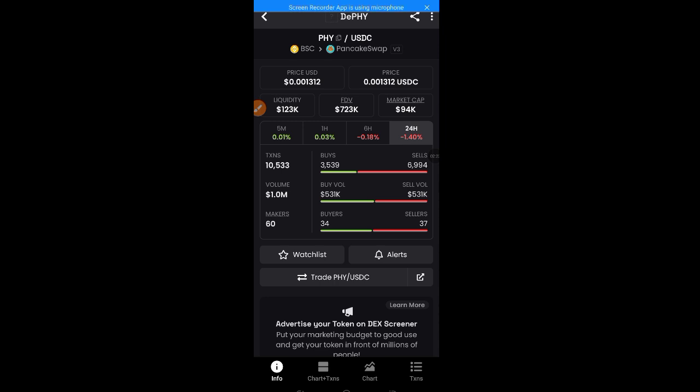Now the liquidity here is around $123,000, so it means that the total funds of people on this trade is just $123,000. Can you see that? And the market cap is 94,000. That's strange. That's very strange.